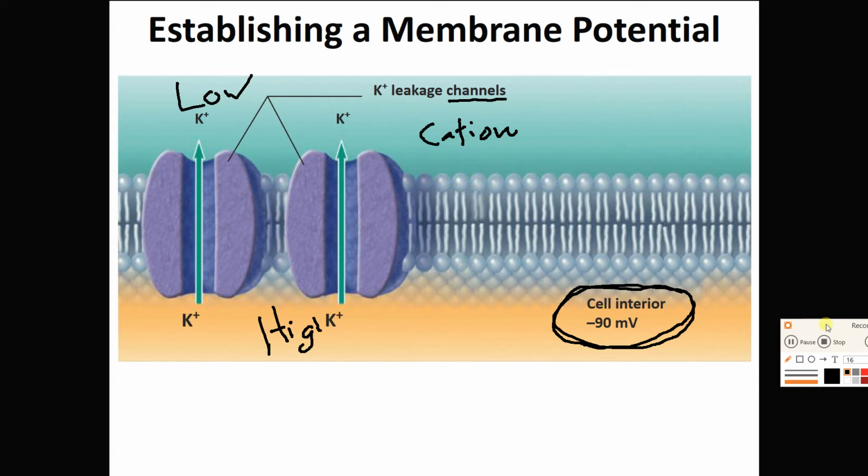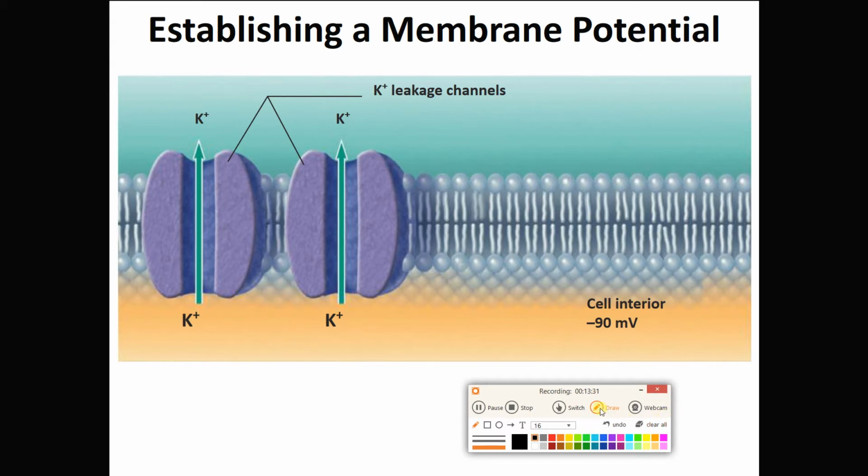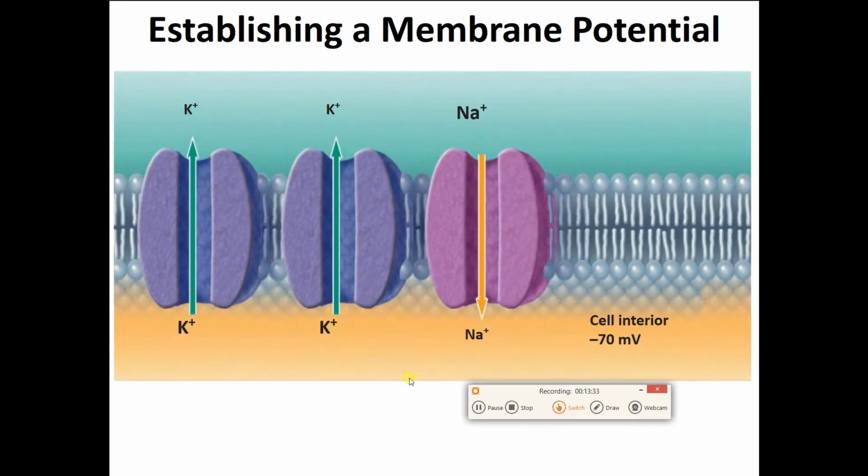But what did we say earlier? We didn't say it was negative 90, did we? We said it was negative 70. So something else has to be in play. And the other thing in play is another type of channel protein that is ubiquitous, found everywhere in our neurons, so in our dendrites, axons, somata, etc. And that is the sodium leak channel.